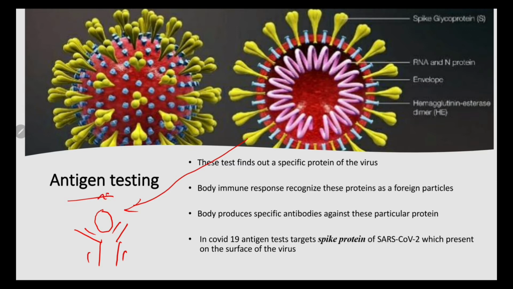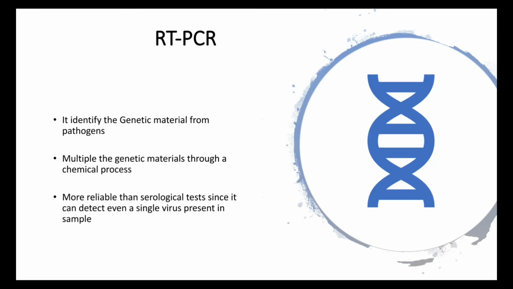Then the secondary antibody will be added. Then a reaction takes place and we will get the result. So this is briefly how antigen testing will be done. Here we are going to find out the spike protein of SARS-CoV-2. So this is how antibody testing and antigen testing will be done to identify COVID-19 patients.